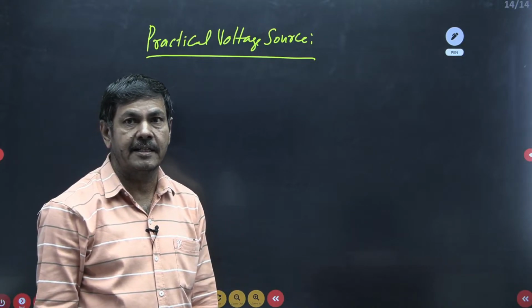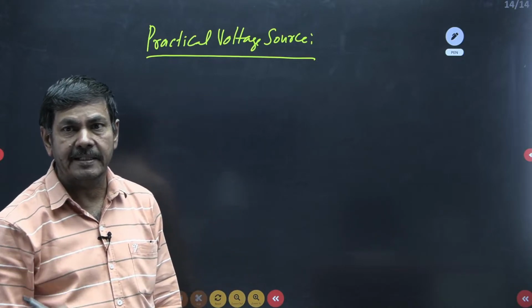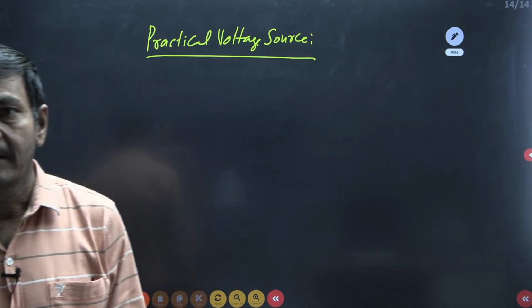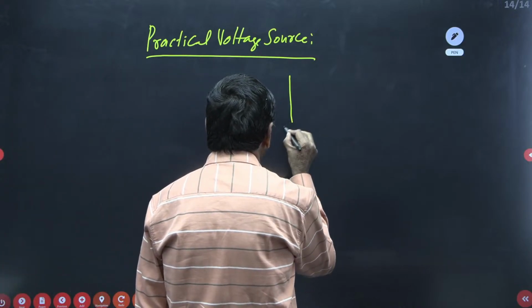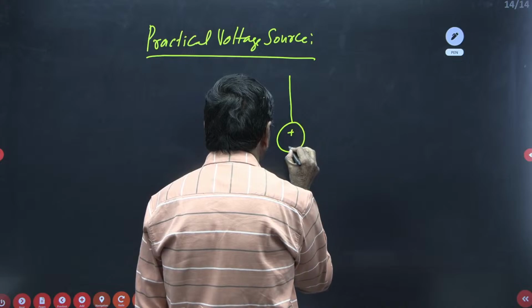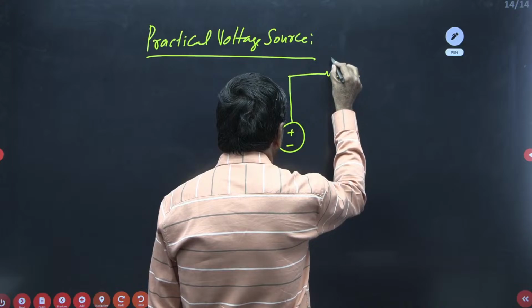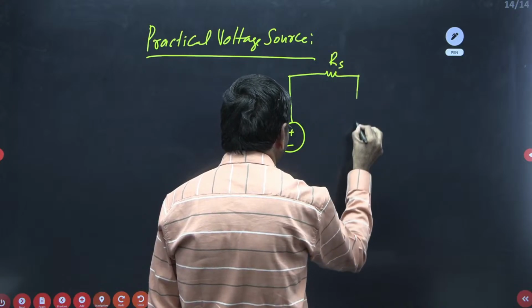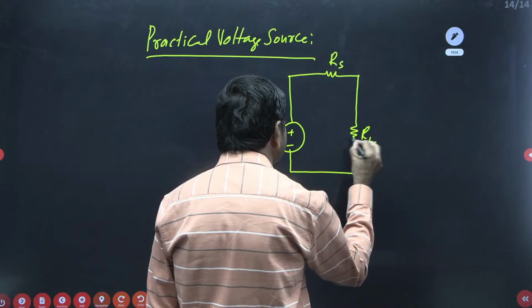But here we should consider internal resistance in the practical voltage source. I connected here the Vs. Vs is the source. Rs is the source resistance, the internal resistance of the source. I connected a load. Load is a variable here.